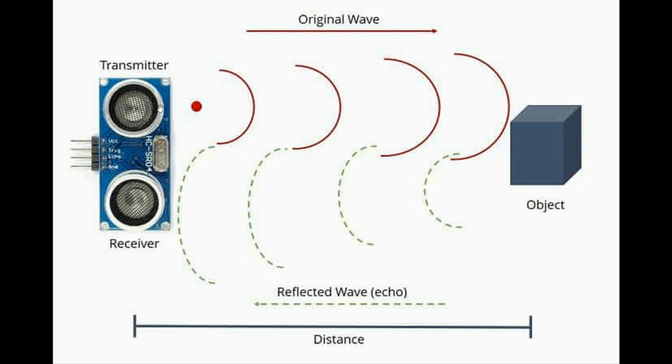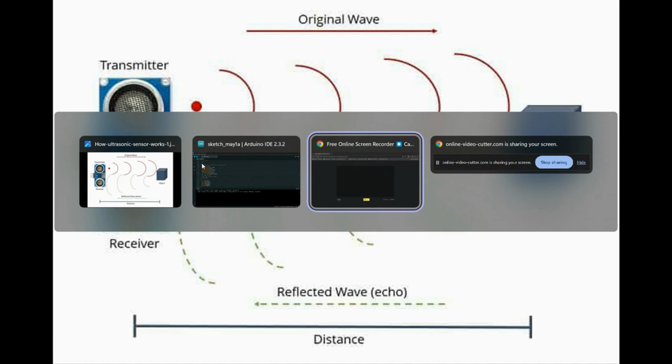When it emits from the trig and hits an object, and the waves fall back into the receiver, this is called one wave, and the distance is twice, because we are transmitting and receiving the wave, so the distance it covers is twice the original distance.